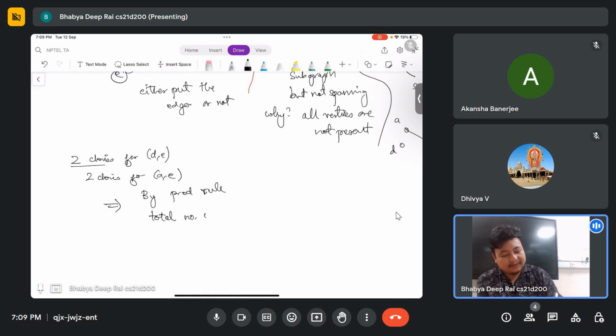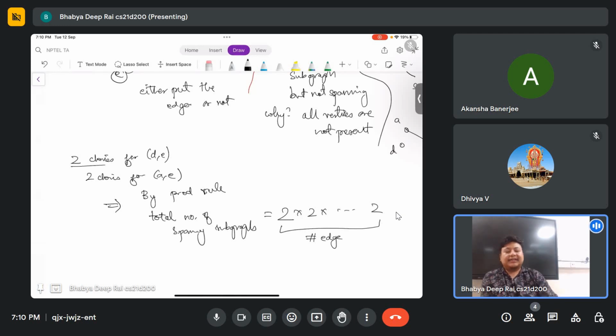So the total number of spanning subgraphs equals 2 times 2 times so on, right? And how many of these 2's are there? As many as the number of edges, which is equal to 2 to the power number of edges.